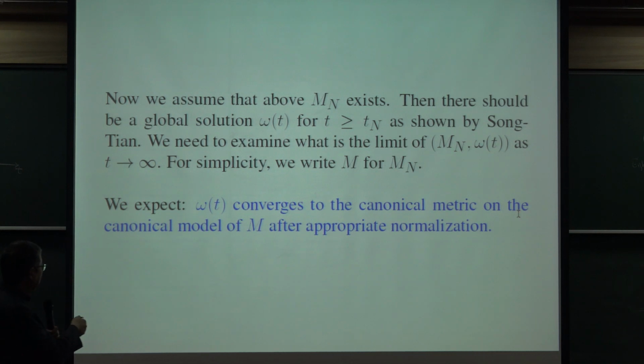Then we come to the second step. We want this omega_t, which exists for all time, as t goes to infinity, to converge to a canonical model, maybe after some normalizations.